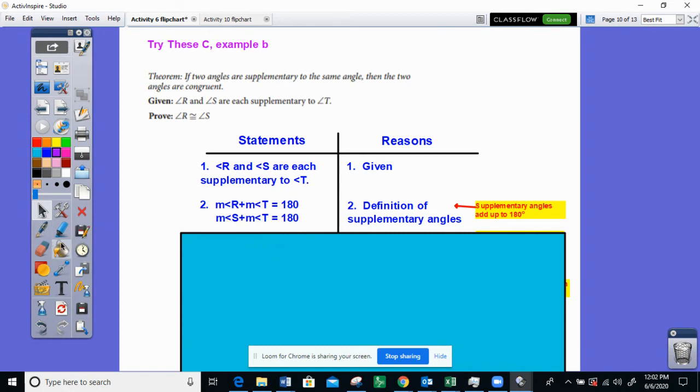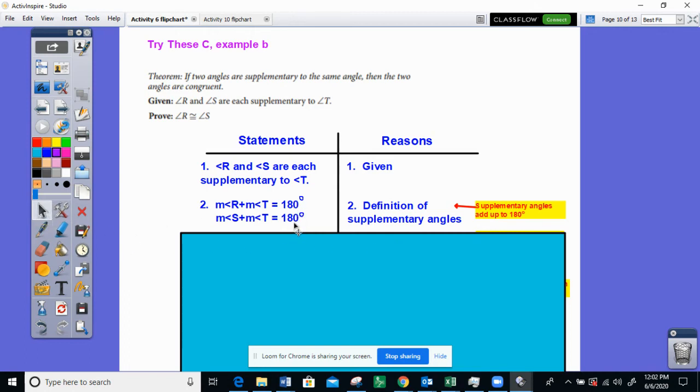The measure of angle R plus the measure of angle T equals 180 degrees. And also the measure of angle S plus the measure of angle T equals 180 degrees. How do we know that we can do that? Because we know what supplementary angles are.